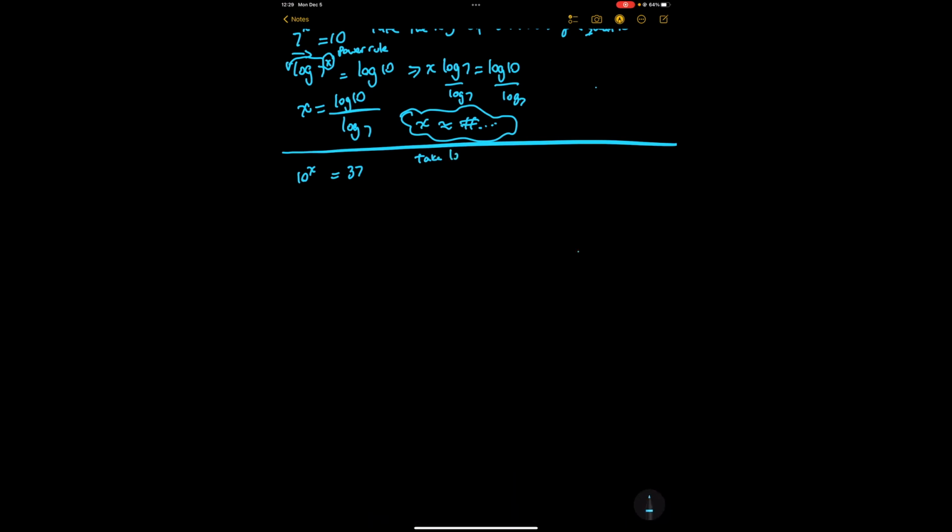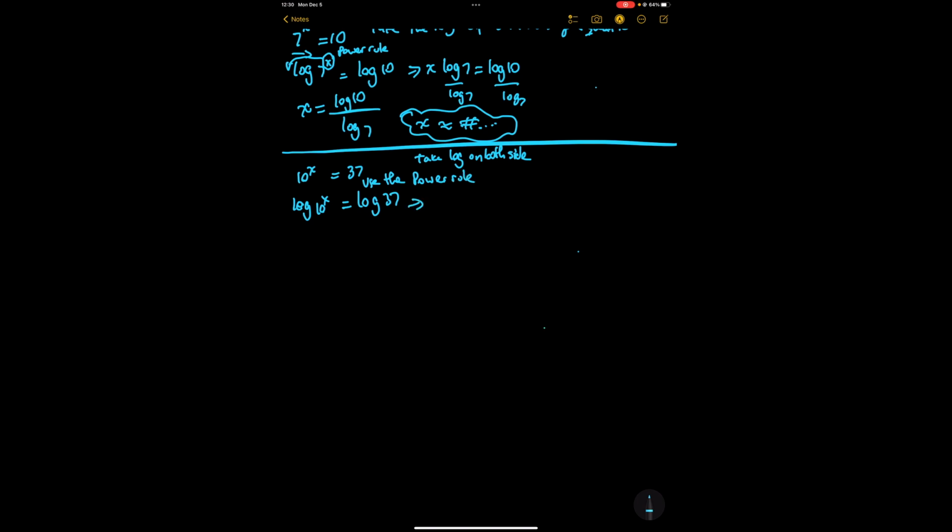So it's going to be log 10^x equal to log 37. And I'm going to use the power rule.